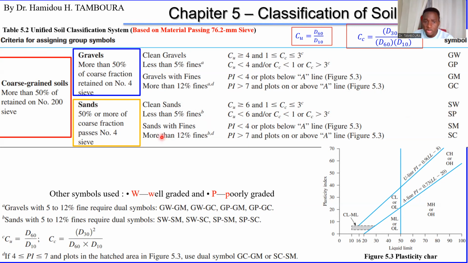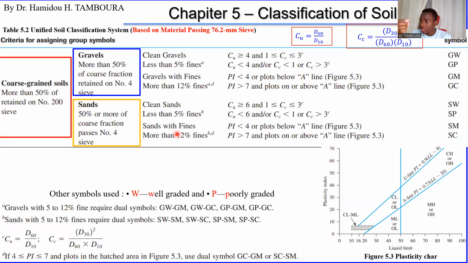But now, if your sand is mixed with fine, it means in your sand the amount of fine is not negligible. And for you to know that, you have to check the percentage of fine, the percentage of soil passing the sieve number 200, because the sieve number 200 is the one where everything passing that sieve is fine.